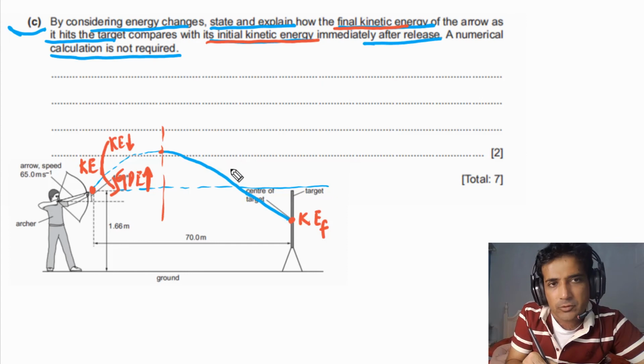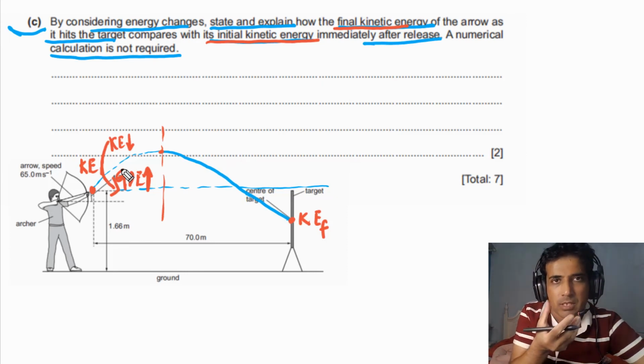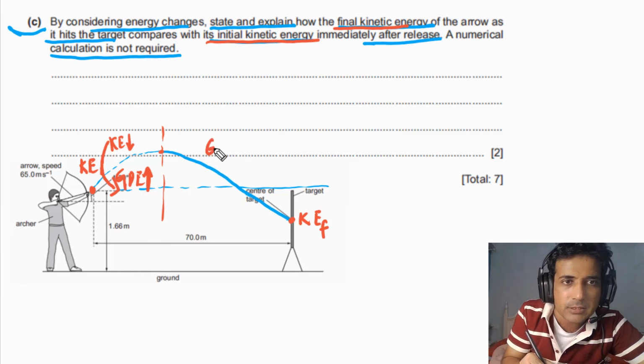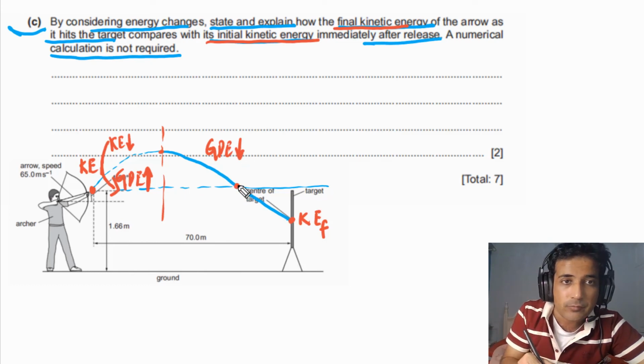But when this arrow starts moving downwards, meaning when it starts falling, in that case GPE will decrease, then GPE will be converted back into KE. So when the arrow reaches the same level, the same height, the kinetic energy at this point, let's say this is kinetic energy 1, will be equal to the initial kinetic energy.